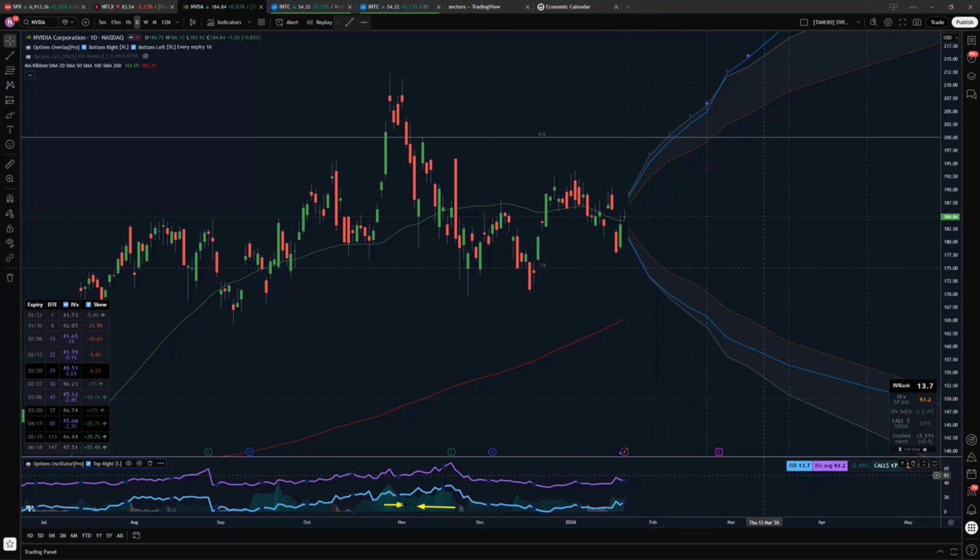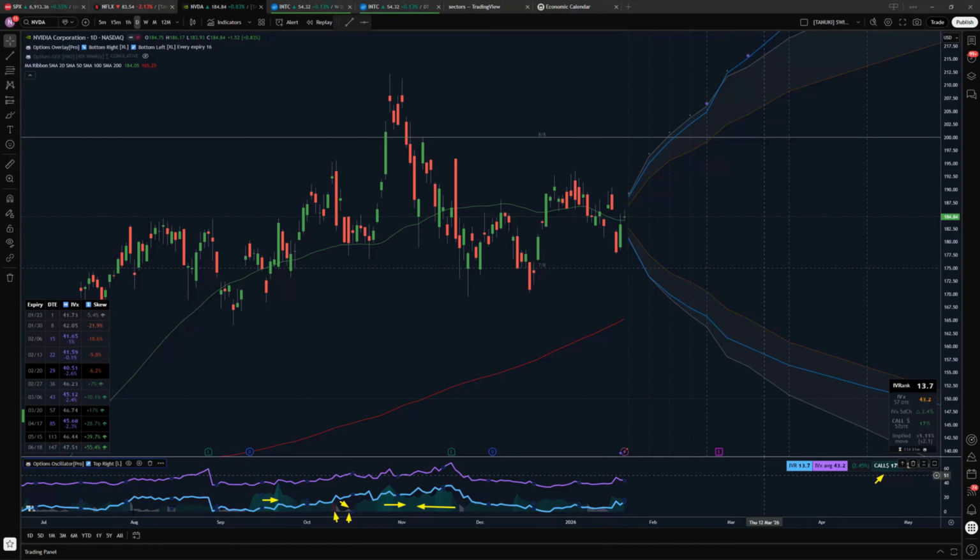If you see green mountains, quote unquote mountains, in the oscillator part, that tells you there was a call pricing skew. If you see a gray one, the pricing skew is irrelevant. If you see a red one, the pricing skew is dominated on the put side. Here it's not relevant. Here it's again bullish pricing skew because it's showing you call pricing skew.